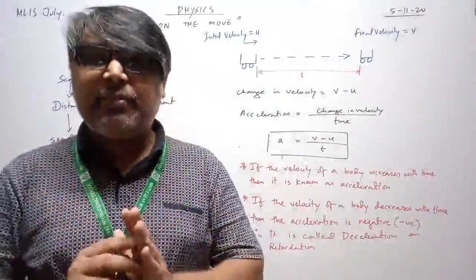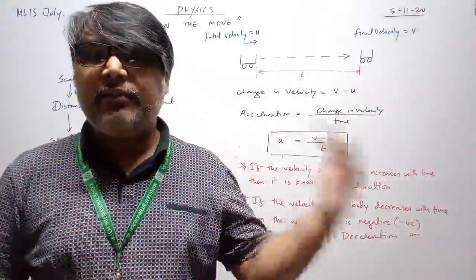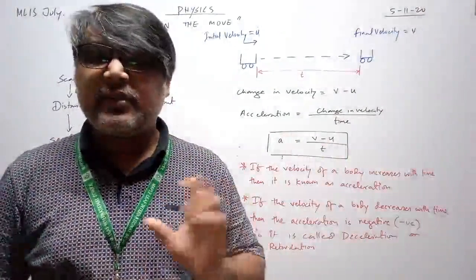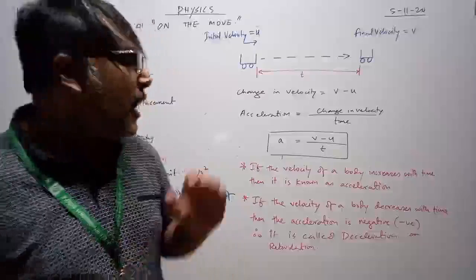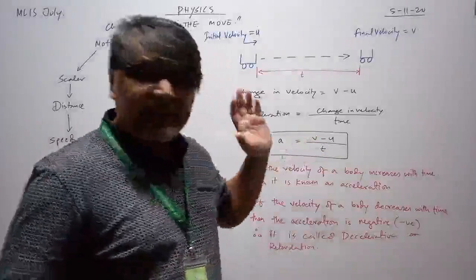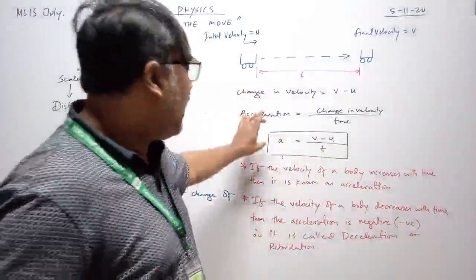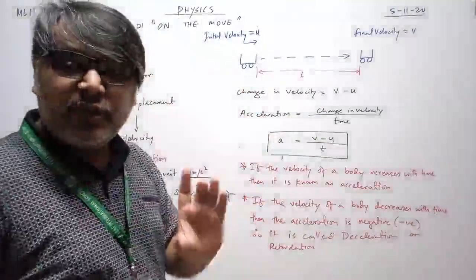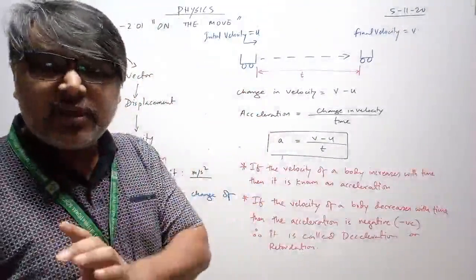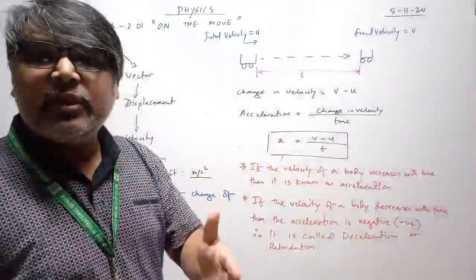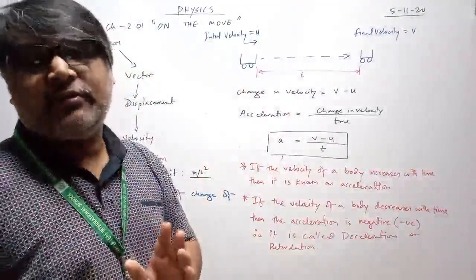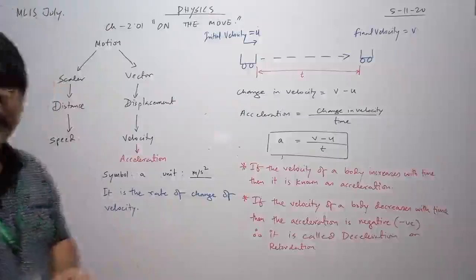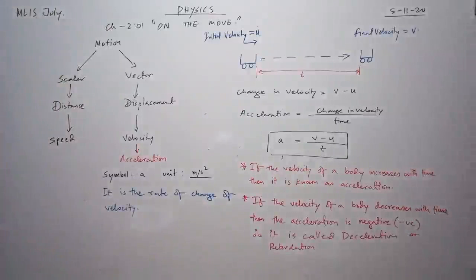We want to keep it simple: if the velocity is increasing, it is acceleration. If the velocity is decreasing, it is deceleration. Whether it is acceleration or deceleration, there is only one formula. If the change in velocity is positive, acceleration. If the change in velocity is negative, deceleration. Everyone, please take a screenshot of this section.